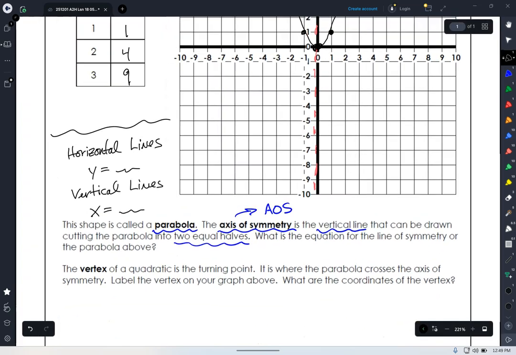So you can see here it says, what is the equation for the line of symmetry for the parabola above? So let's just swoop a little arrow right here. And I want you right here to write what you think the equation for the axis of symmetry line is. Go ahead and write that down right now. What do you think the equation for the axis of symmetry is?